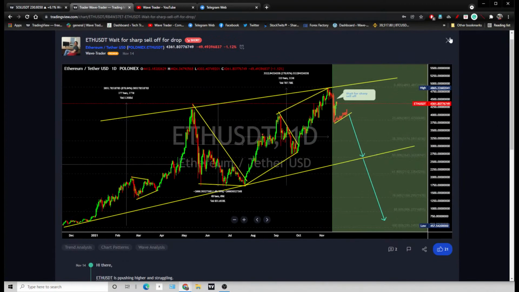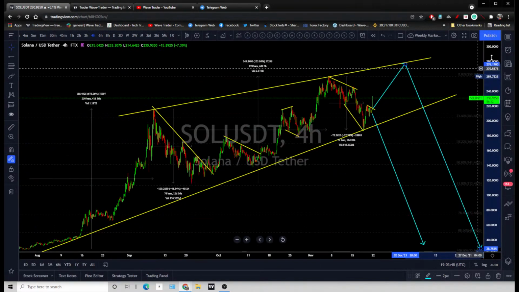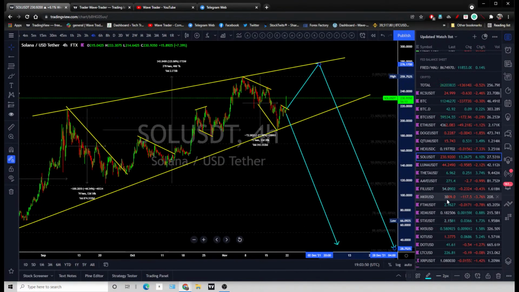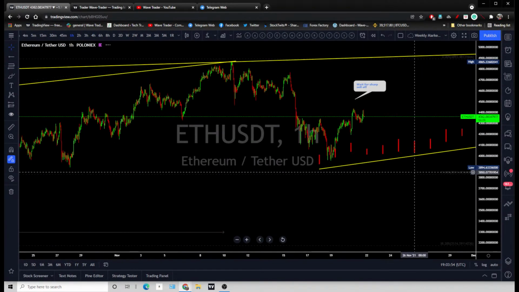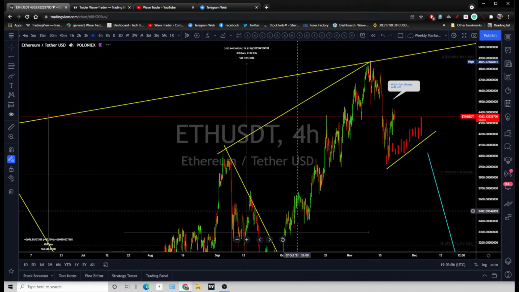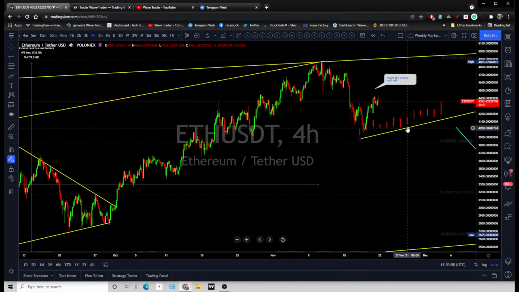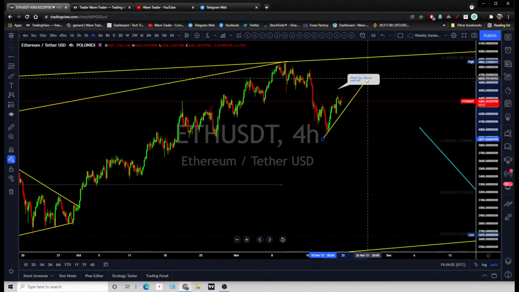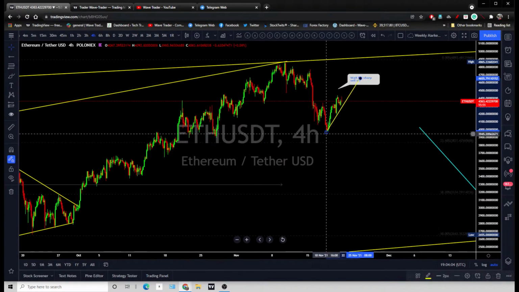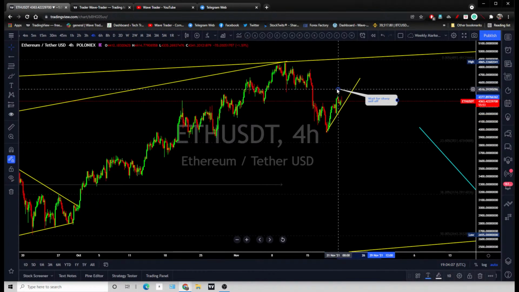Okay, so the flag is just happening over there, the flag which I was showing in that analysis. So a sharp breakdown, a kind of sharp correction, we can see that. So only look for a sharp, aggressive breakdown. If it comes, then you are looking. Wait for a sharp sell-off.